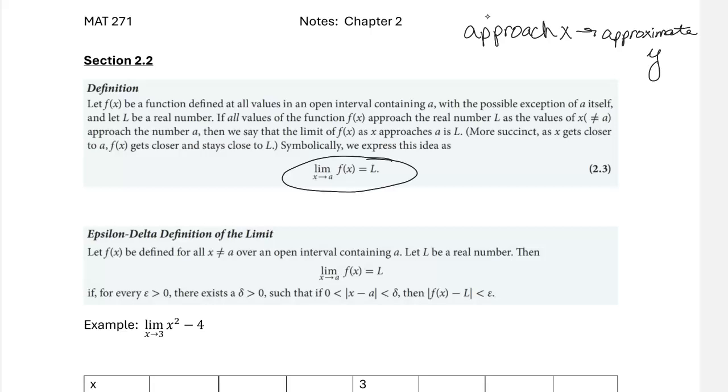There's going to be some examples where we may not be approaching a finite value. If we get close to a vertical asymptote, everything's going to go up to infinity or down to negative infinity. Or there's going to be some places where that limit just does not exist. And we're going to see examples of all of those.